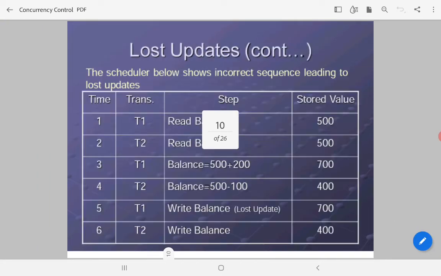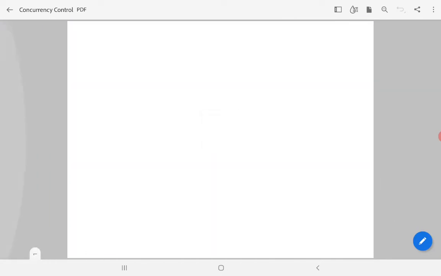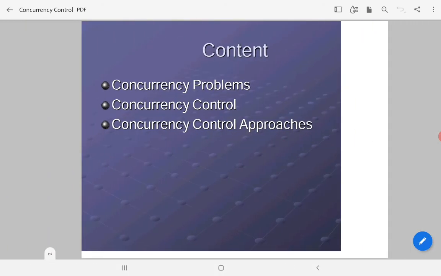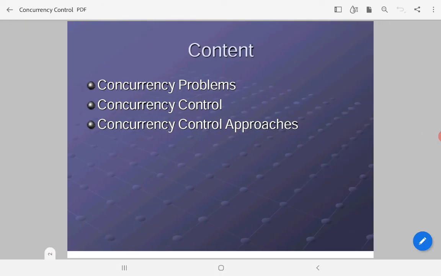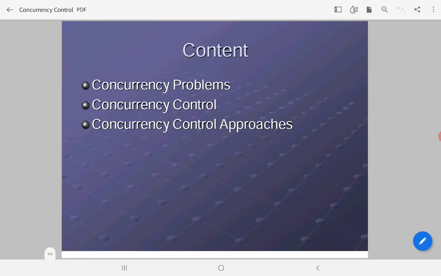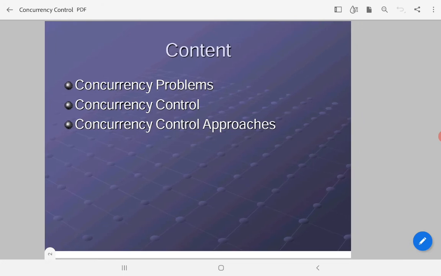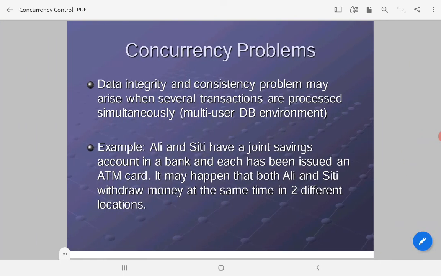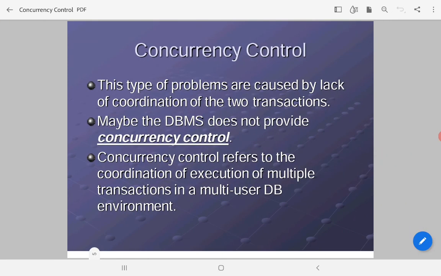So what are the important concepts we covered here? The first one is concurrency control, the problems arising from concurrency, how to control concurrency, and the different types of concurrency with examples.